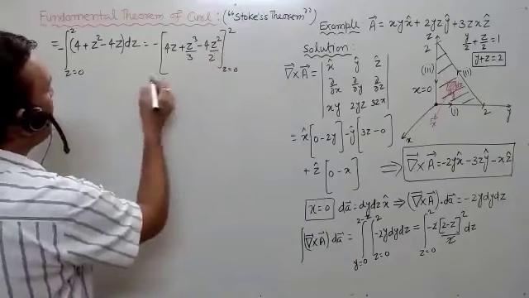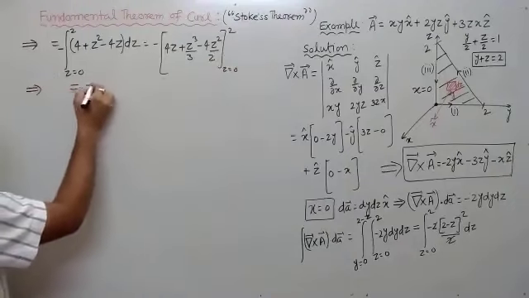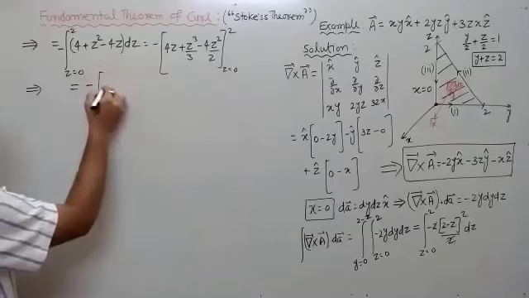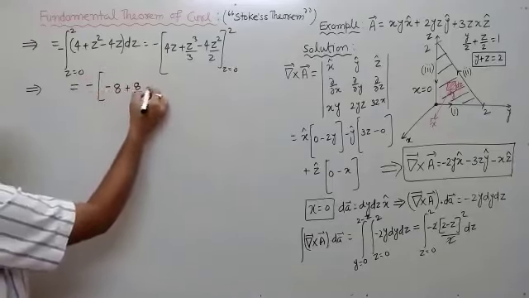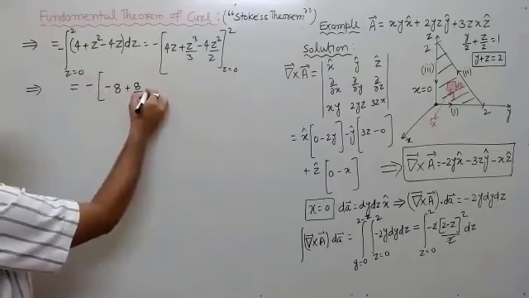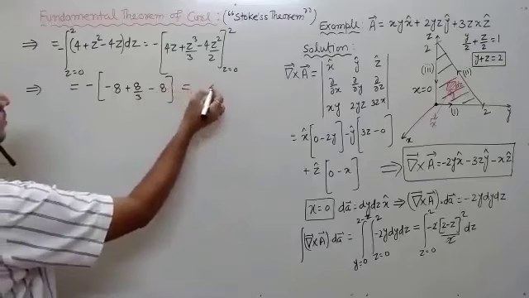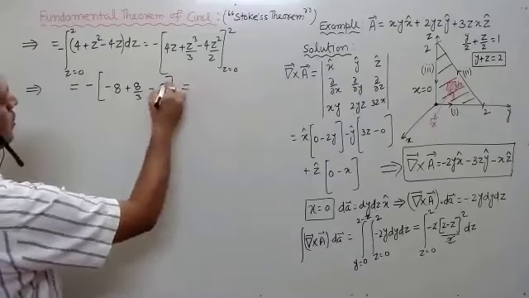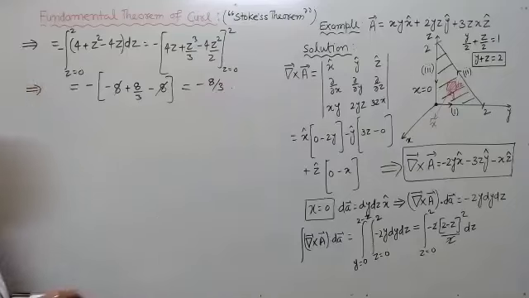So what will be this value? This will be minus 8 plus 8 by 3 and this is also minus 8. So this will cancel out. So this is minus 8 by 3.